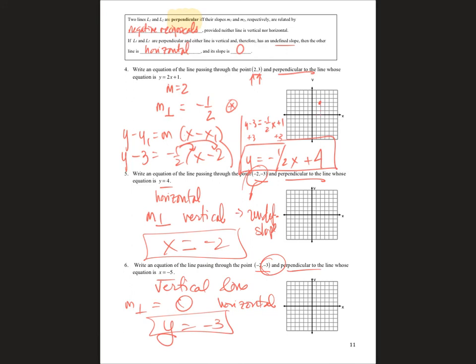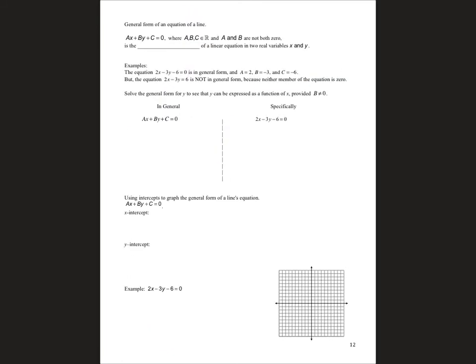Now, we talked about the point slope form of a line. We talked about the slope intercept form of a line. There is also what is known as the general form of a line, which is this. The coefficients A, B, and C are real numbers, elements of the reals. You've seen this notation before. And A and B can't both be 0.